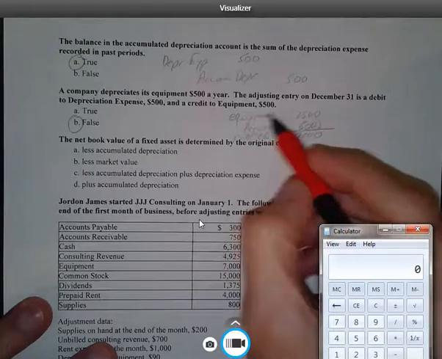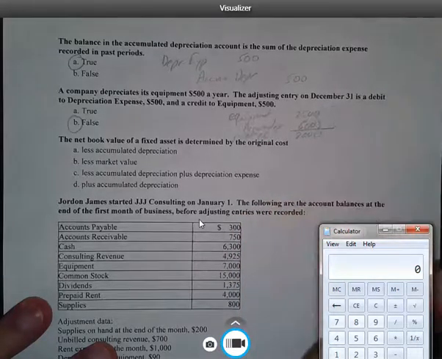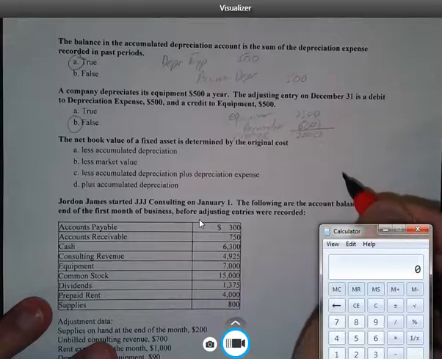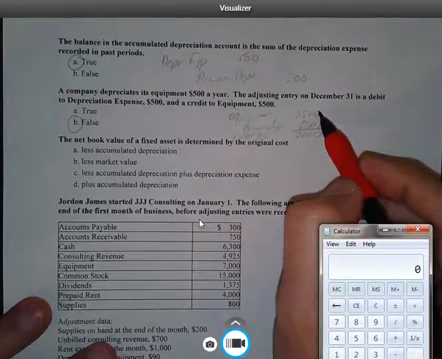But the equipment is actually still going to be on the balance sheet for $2,500. Even if we keep this particular equipment for 50 years and we never get rid of it, and we use it sparingly in the business, and it has a resale value of $50, it's going to be on the balance sheet for $2,500.